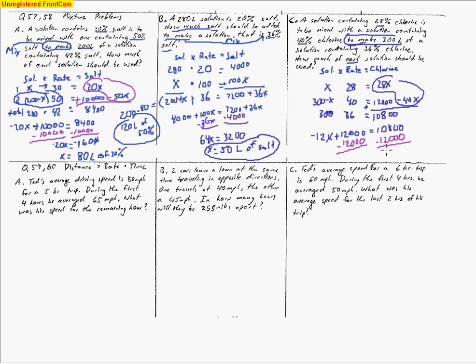So we're going to end up with a 1,200, and it's in negative. 2 plus 8 makes 10, so that's going to give me that 0, and then you carry the 1. 1 plus 1 makes 2, so that does end up working out. And so when we do that division, x is going to end up being 100. So 100, what are the units there? They are liters again. Liters of which one does it represent? Well, x is the 28%. So 28%.